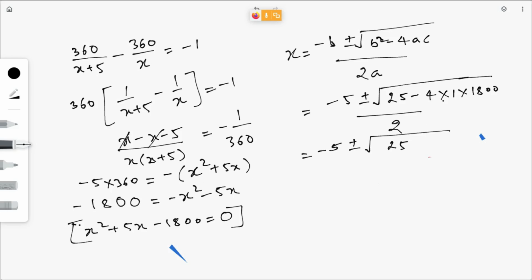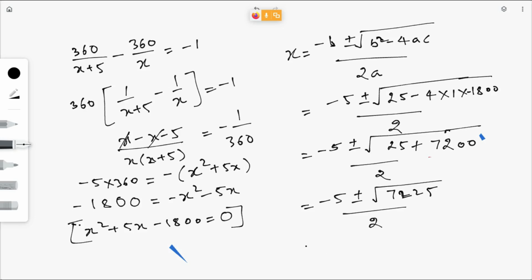Actually it is minus 1800, right? Minus into minus is plus. So 25 plus 7200 is 7225, divided by 2. Minus 5 plus or minus root of 7225. What is the root of this? 40? How much does it come to? 50.